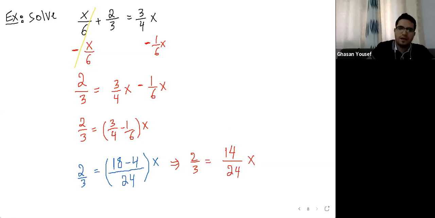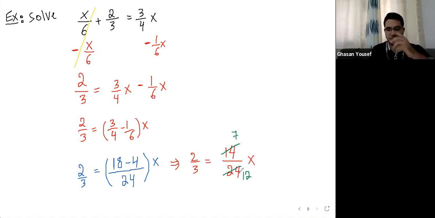Now we can simplify the 14 and 24 by dividing both by 2, right? What do I get if I divide the 14 by 2? 7 over 12.